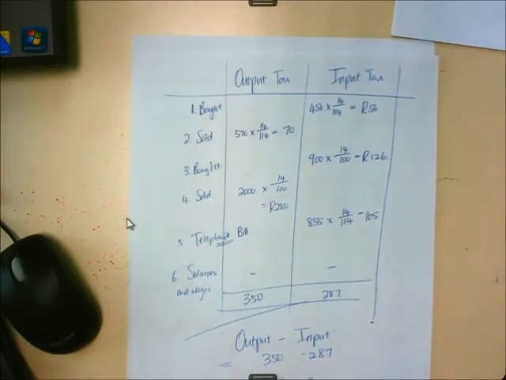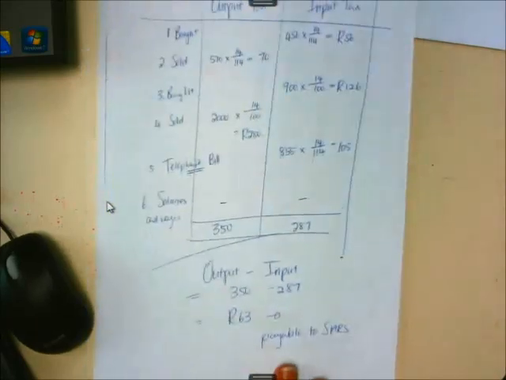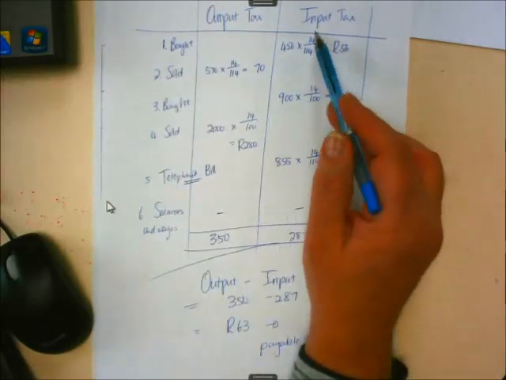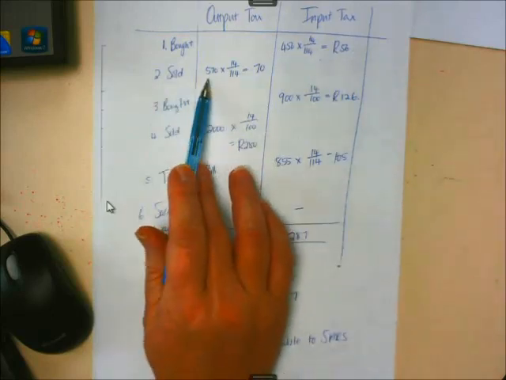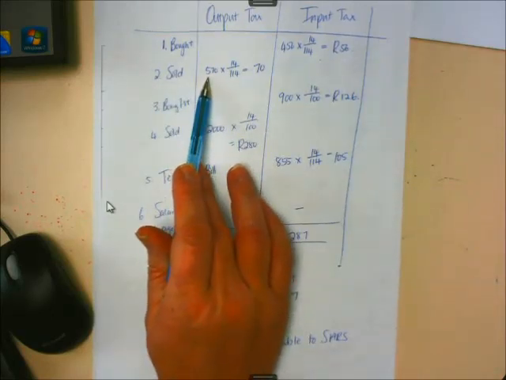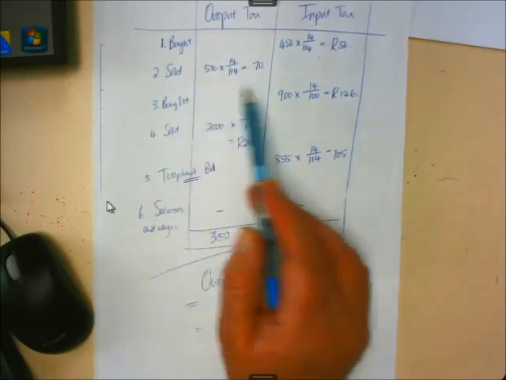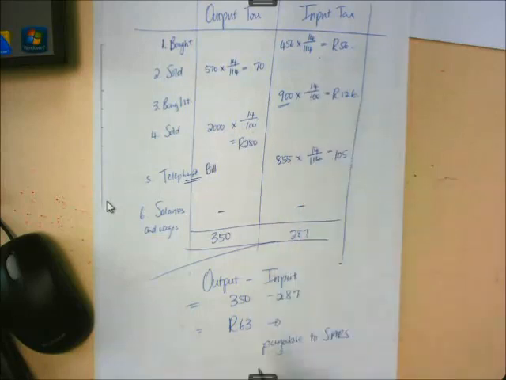In this whole activity, because of the input and the output columns, when we bought its input, this was VAT inclusive, that's why we do that calculation. When we sold its VAT output, it was also VAT inclusive. There we bought and that 900 Rand was VAT exclusive, that's why you put 14 over 100.